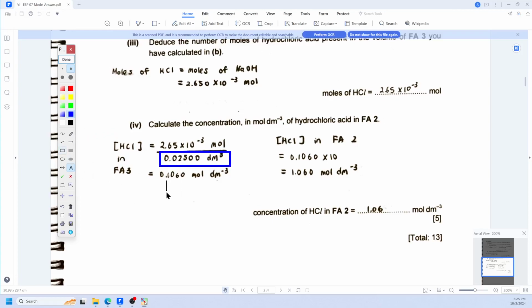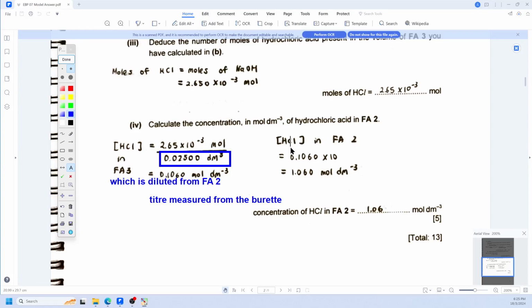This is actually measured from the burette. Therefore, you get 0.106 in Fa3, which is diluted already from Fa2.